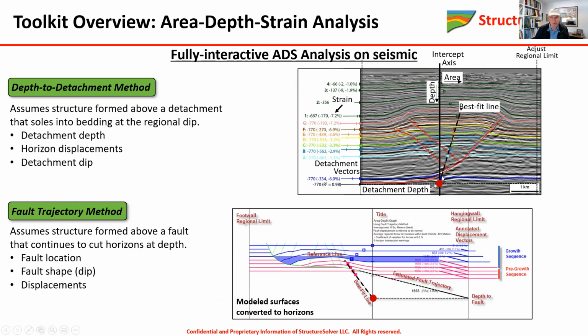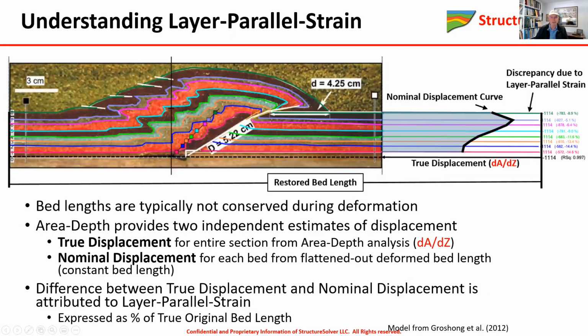So the second important thing, which is really the crux of the use of area depth today, is that when we get the slope of area versus depth, we actually get an estimate out here from the edge of the section. We get an estimate of the true displacement in the structure.